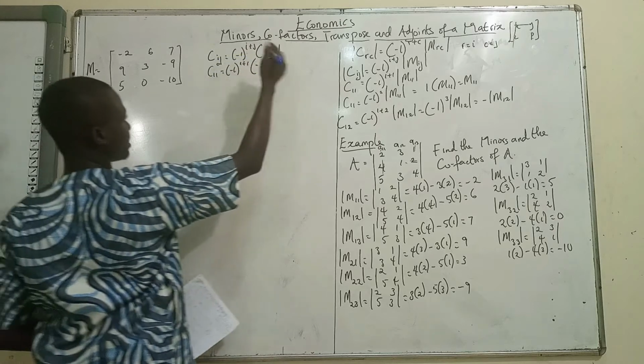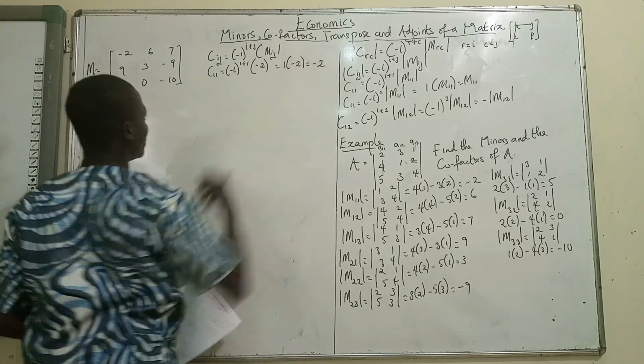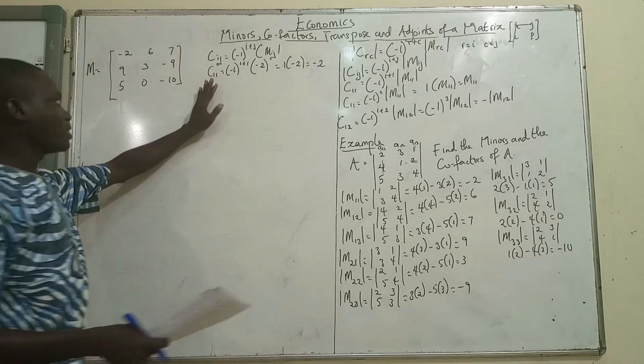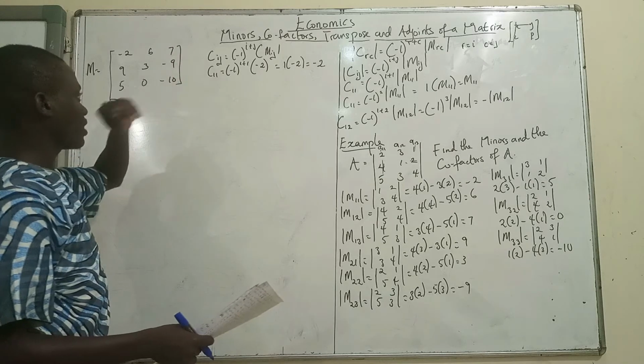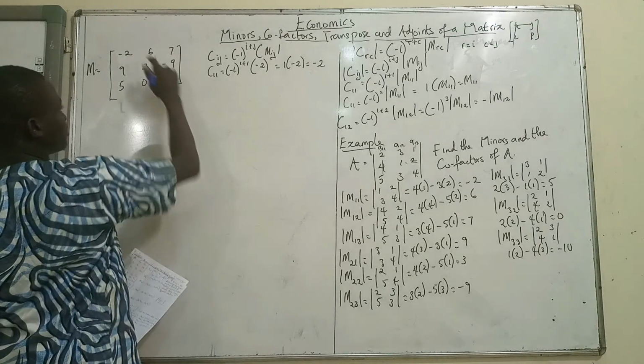Minus 1 squared is 1, so 1 into bracket minus 2 is minus 2. You can see what I was trying to say the other time: when i plus j is even, the cofactor is equal to the minor.